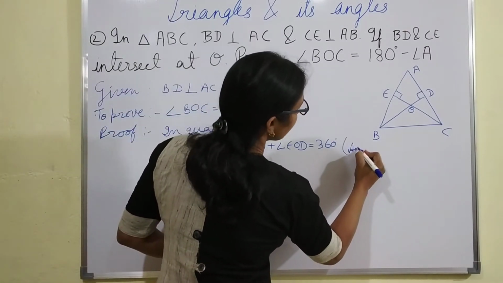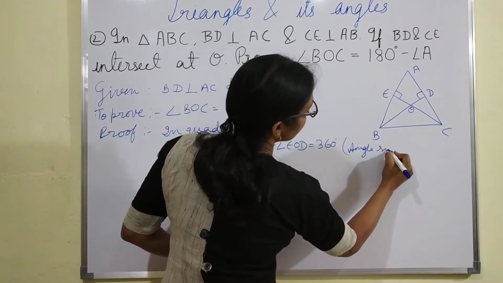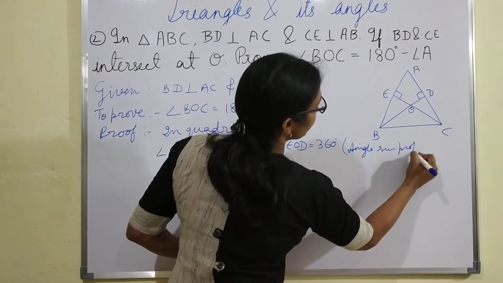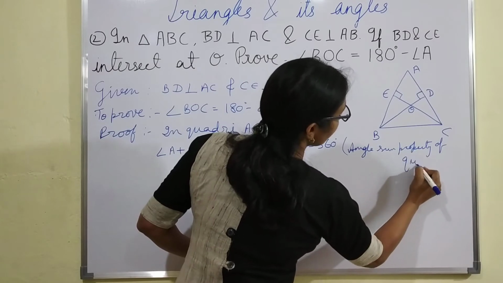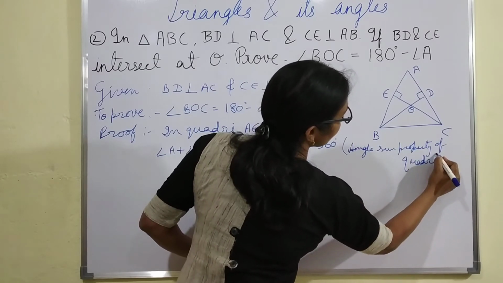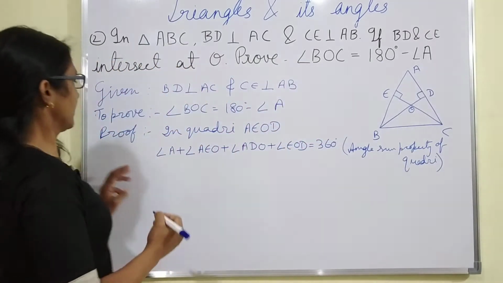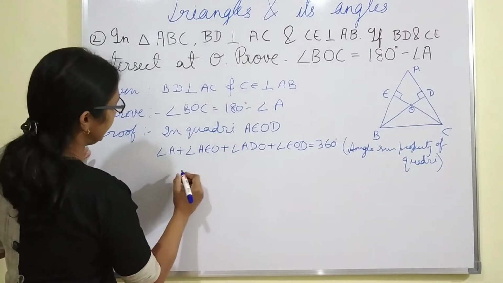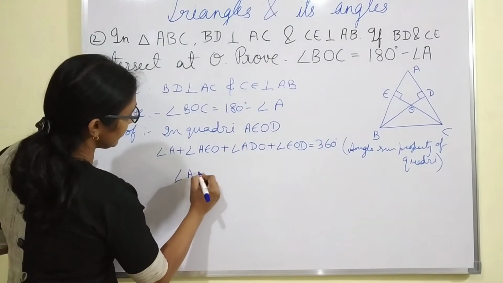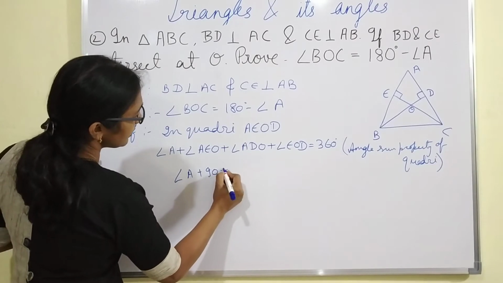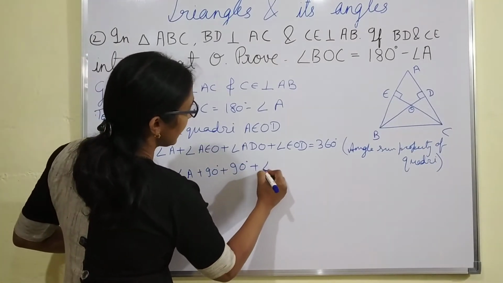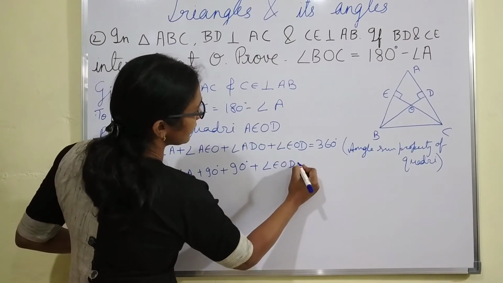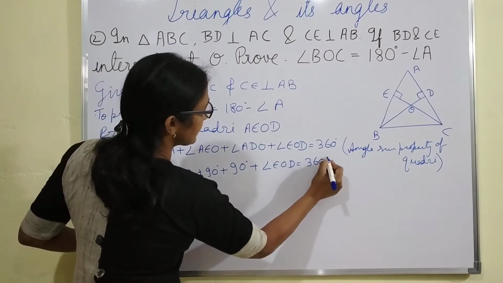Right, angle sum property of quadrilateral. Okay, so angle A plus 90 plus 90 plus angle EOD equals 360 degree.